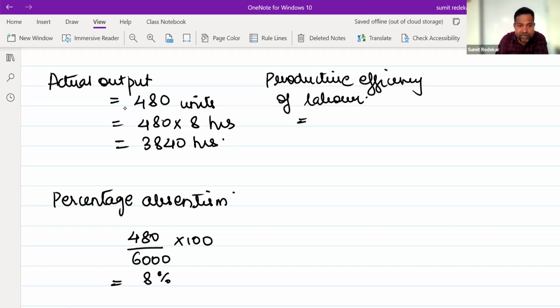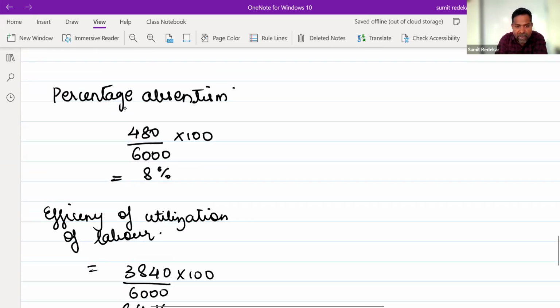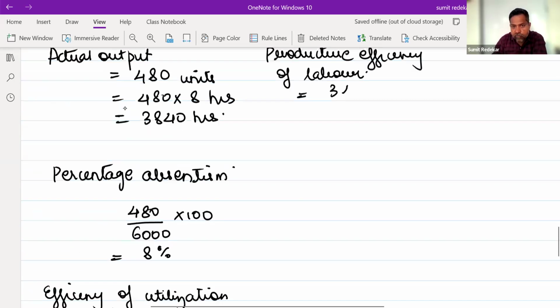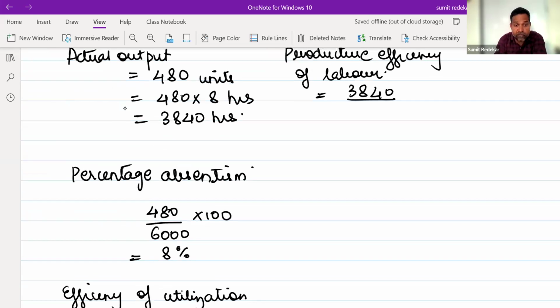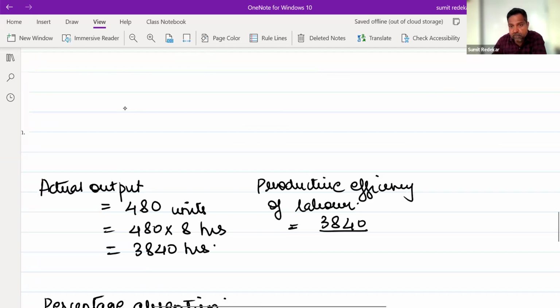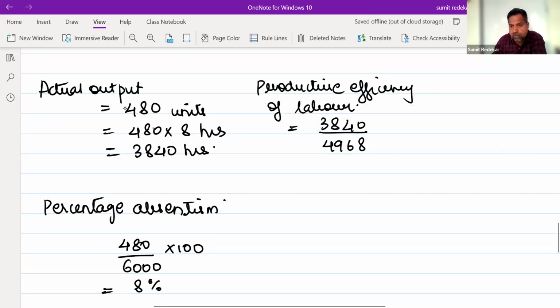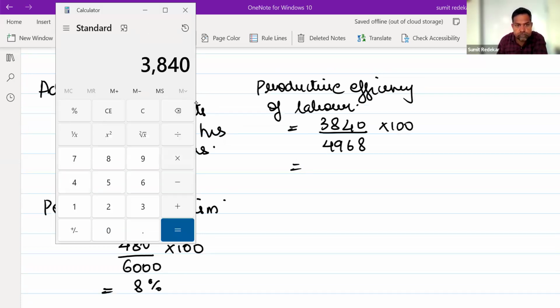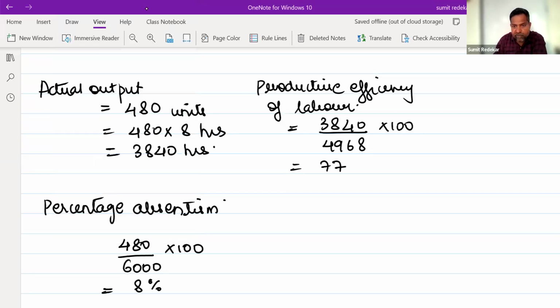Productive efficiency of labor is, I'm getting an output of 3840, but they've clocked in work for 4968 hours. That's 77.29, or you can write 77%.